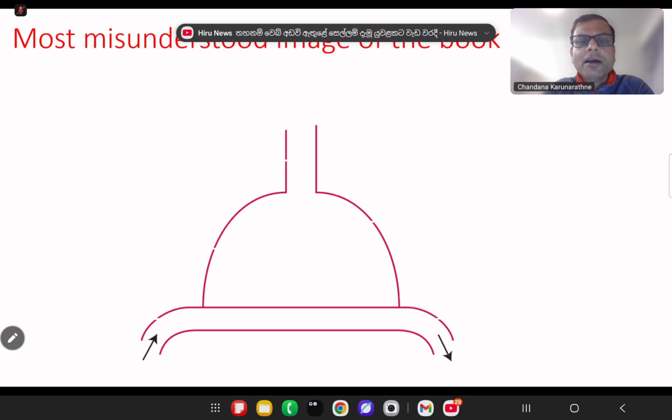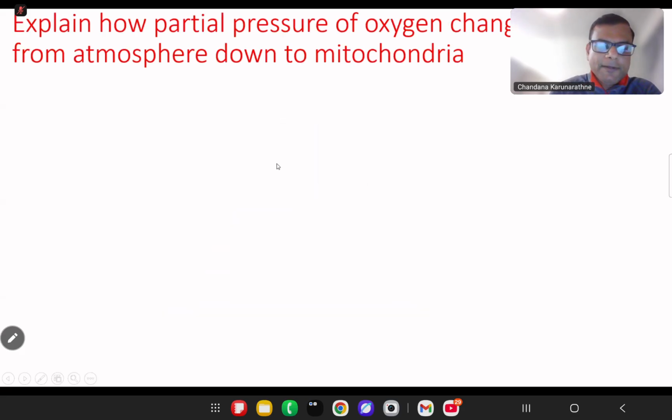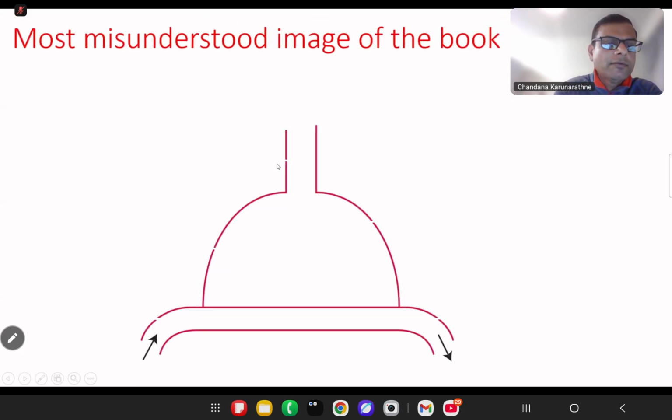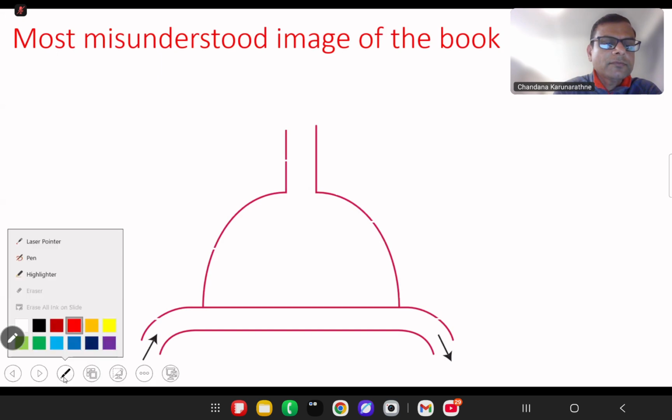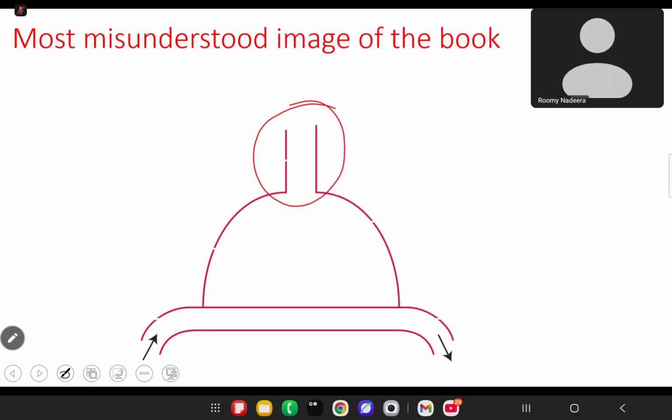Everybody knows this one. So what does this part here say? So what does this part represent? Trachea, or what is this? Anyone? Conducting airways. Conducting airways.